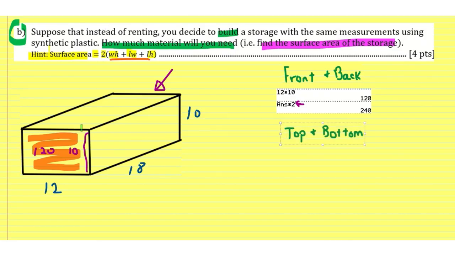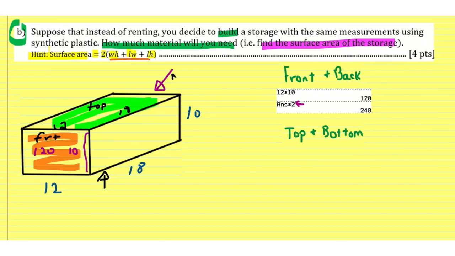Well, the top right here is this piece right here, and it does have a length of 18 right here, and then it has a width same as this 12, so 12. So it's 18 by 12, and of course, there's also a bottom that's going to be identical to the top. So here was the front, and now here's the top.